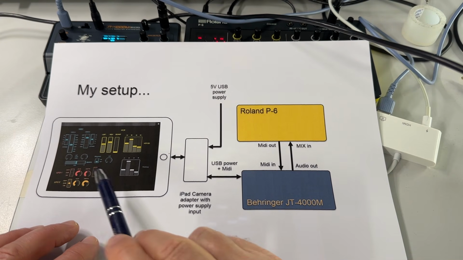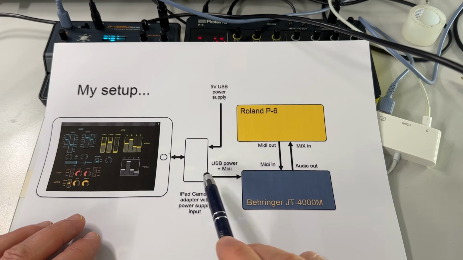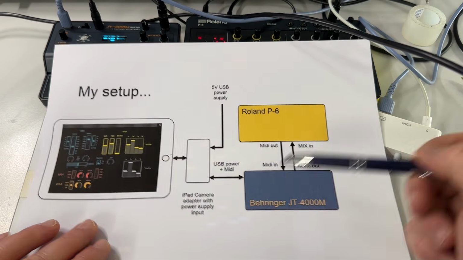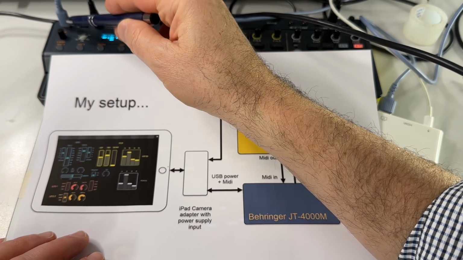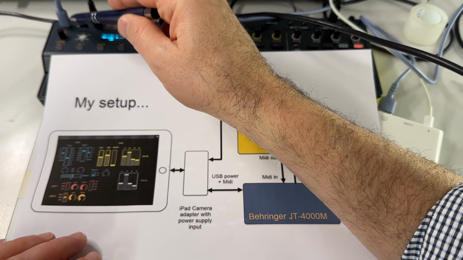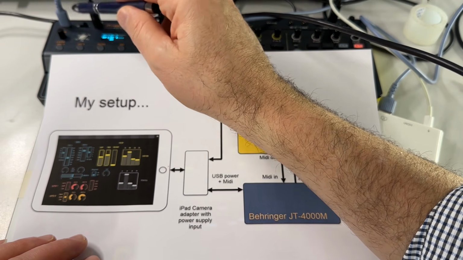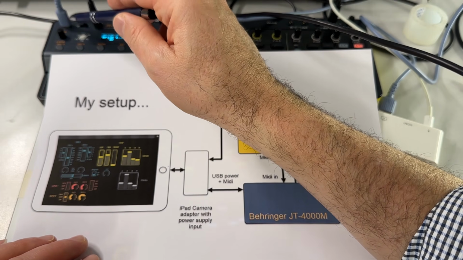Here we have the iPad set up with a camera adapter, and that is using, in this case, the USB MIDI of the JT-4000M. So I'm exploiting the two MIDI interfaces of the JT-4000M at the same time.